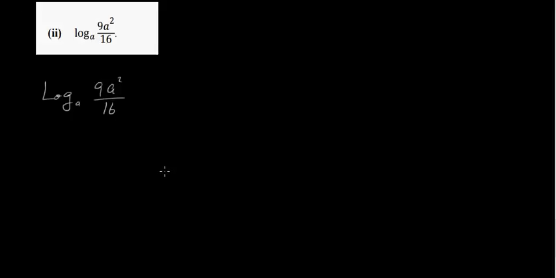So let's just split them up first of all. So we'll take the log of 9a squared first of all to the base a, and it's going to be minus the log of 16 to the base a. Okay, so let's continue on. Here we have a 9a squared.